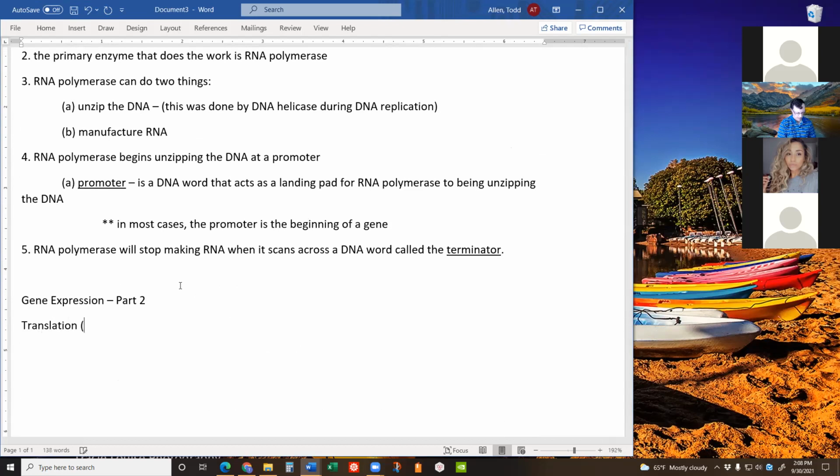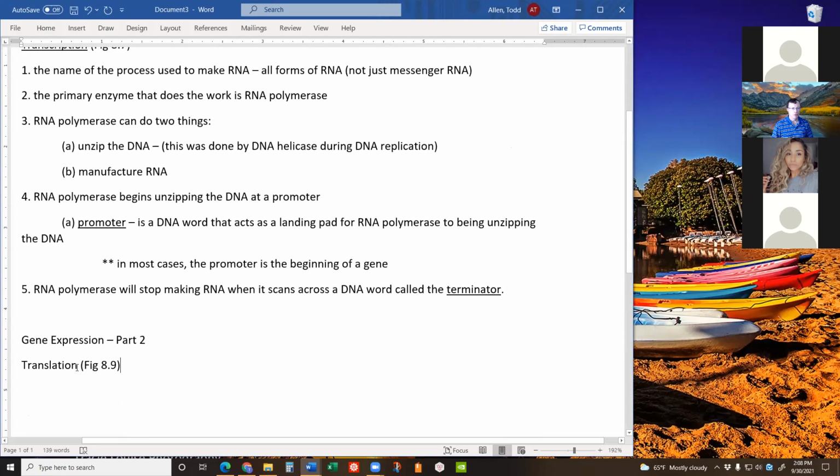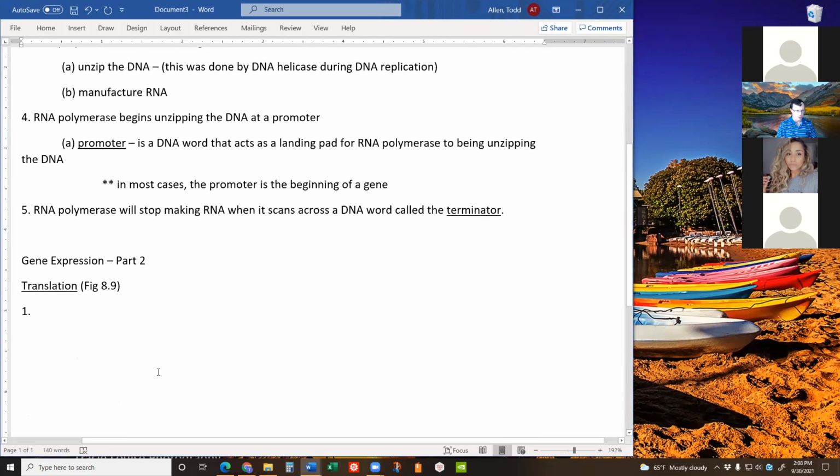Translation. This is figure 8.9. So let me give you some talking points here. Translation, which is the production of a polypeptide, right? The production of a protein. So we'll say that first: translation is the process of making a polypeptide.